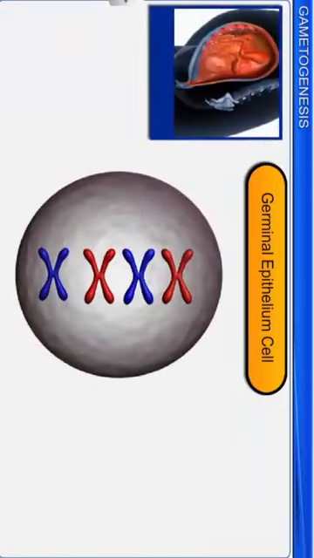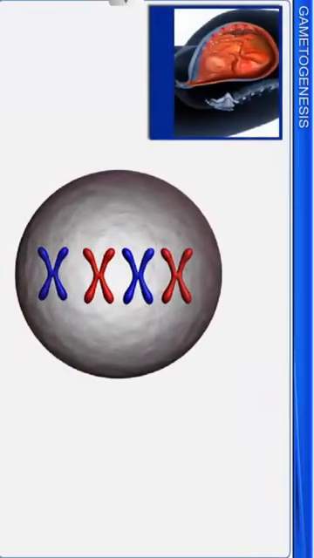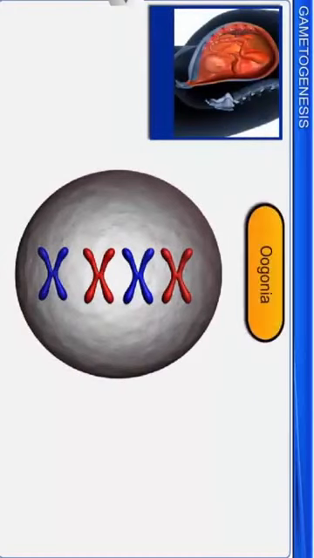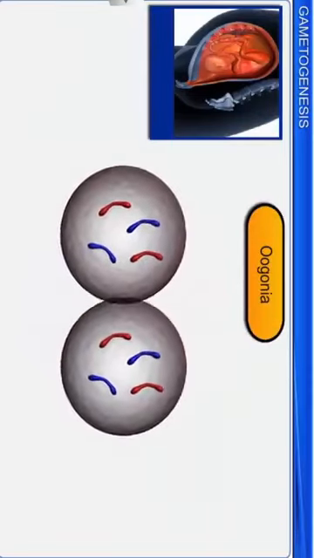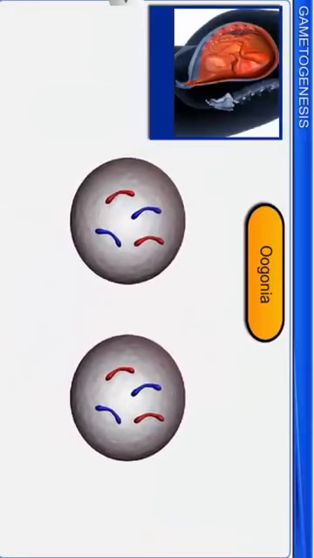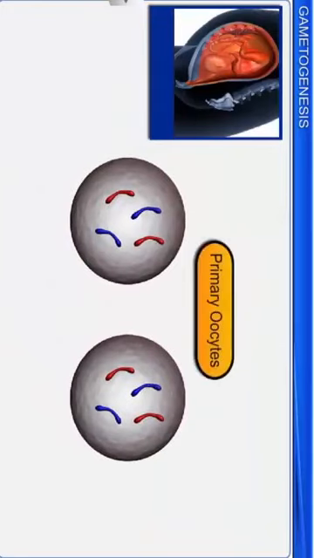The germinal epithelium cells in the ovary of the fetus divide mitotically to form gamete mother cells called oogonia. A few oogonia divide again to form two immature cells called primary oocytes.